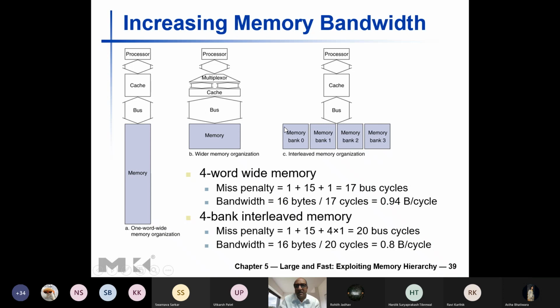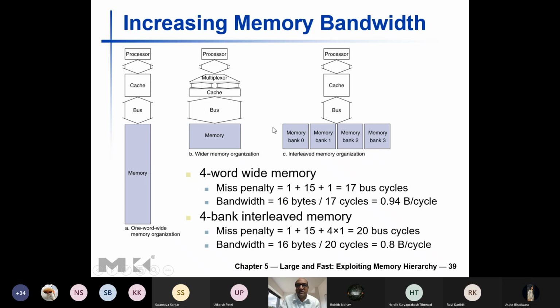For example, word 1 is here, word 2 here, word 3 here, word 4 here, then word 5, word 6, word 7, word 8. Likewise, the first block is nothing but the first row, and the second block is the second row. The blocks are placed in this memory bank in such a way that each row corresponds to one block.